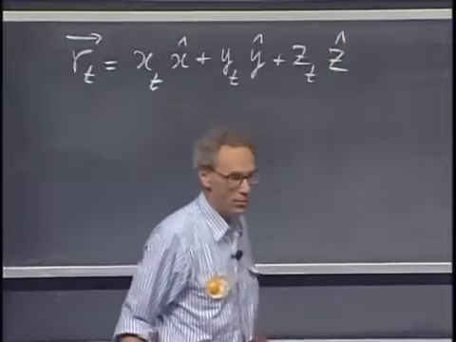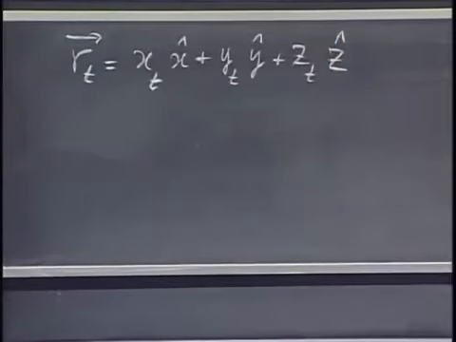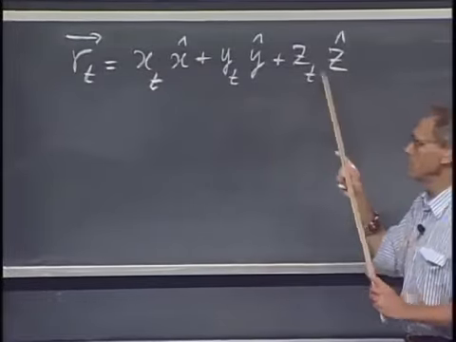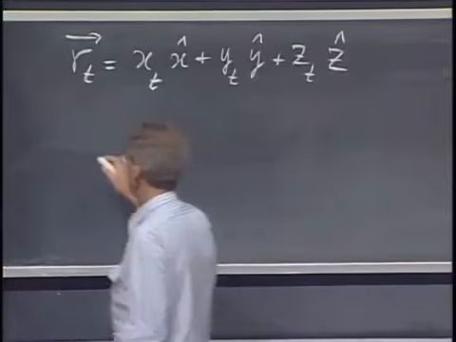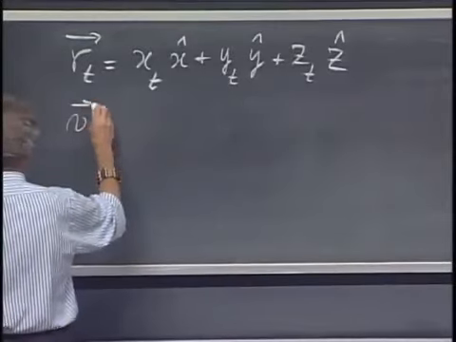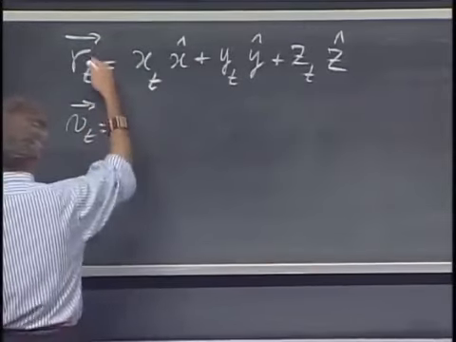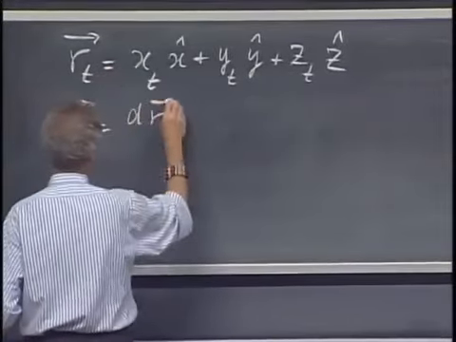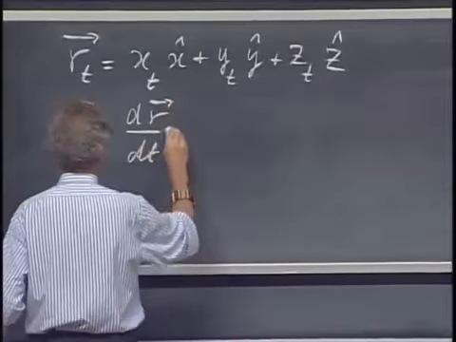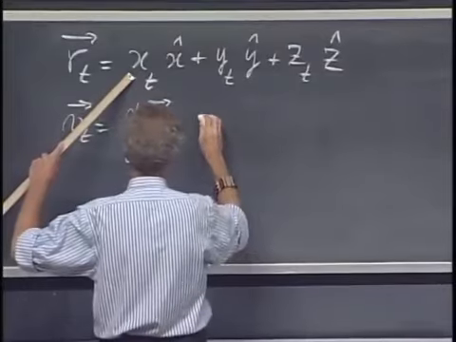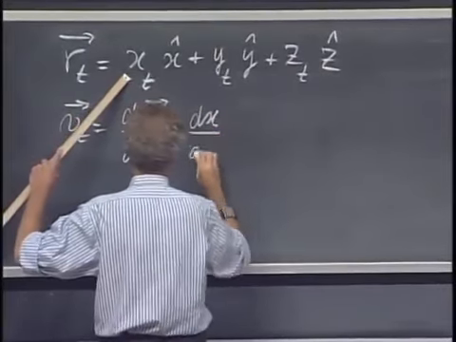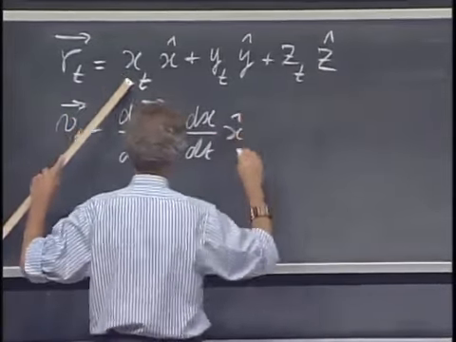I have decomposed my vector R into three independent vectors. Each one of those changes with time. What is the velocity of this particle? Well, the velocity is the first derivative of the position. So that is dr dt. First the derivative of this one, which is dx dt times x roof.